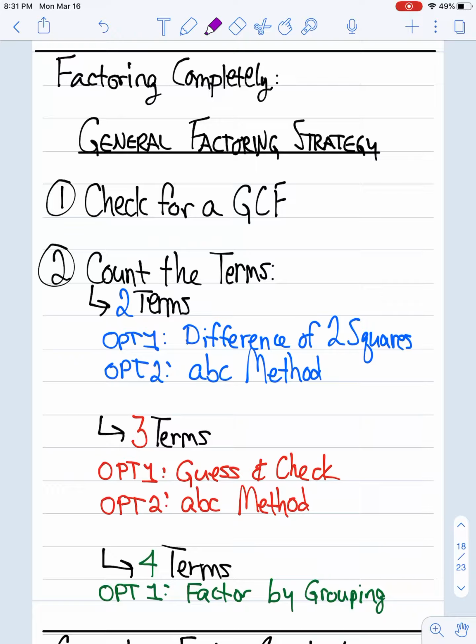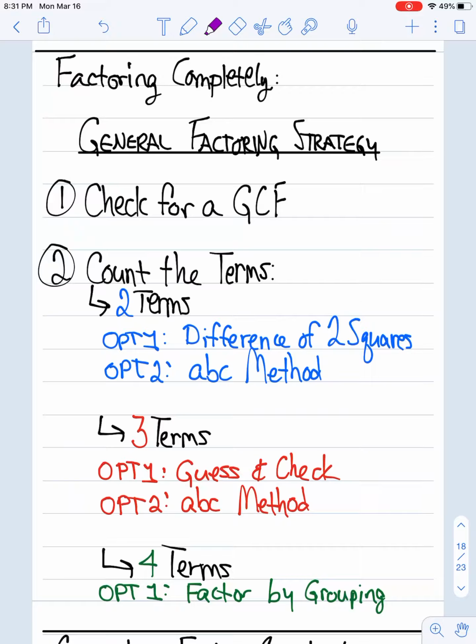Next, count your terms, because how many terms you have determines what method you want to use. If you have two terms and you know the factoring pattern is a difference of two squares, you can factor it that way. Otherwise, you're going to want to try the ABC method. The ABC method works for all the two-term and three-term polynomials that we're going to have, if it's factorable. So those are two options for two terms.